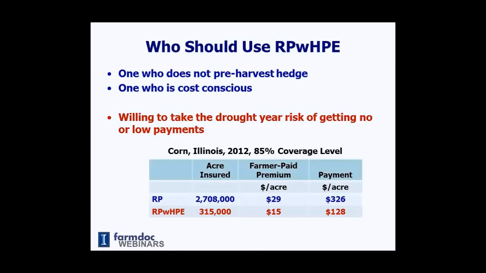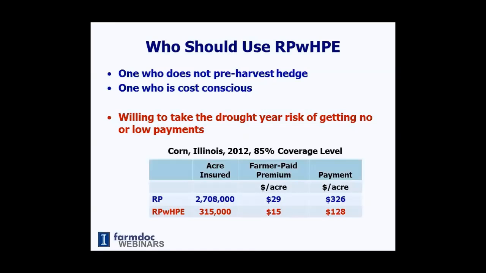RP policy, 75, 80, and 85% coverage levels. Who should use RP with the harvest price exclusion? And again, farmers that use the harvest price exclusion may be considering lowering premium cost in some way.